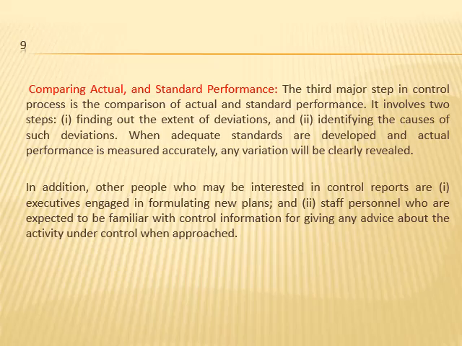It involves 2 steps: finding out the extent of deviation and identifying the causes of such deviation. When adequate standards are developed and actual performance is measured correctly, any variation will be clearly revealed.